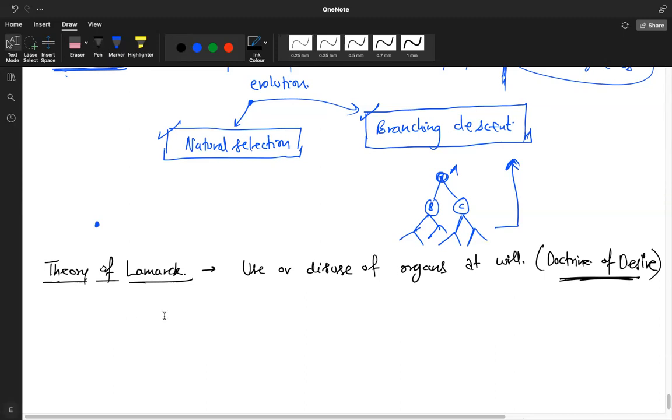Okay, so write down, in other words, the theory said or stated that acquired physical characters, write down, acquired physical characters can be passed on to the next generation.